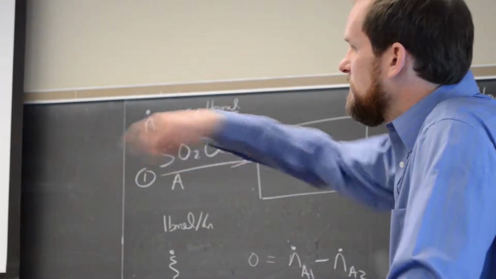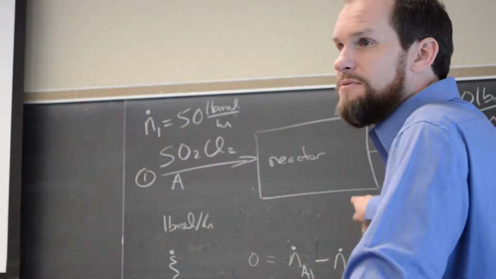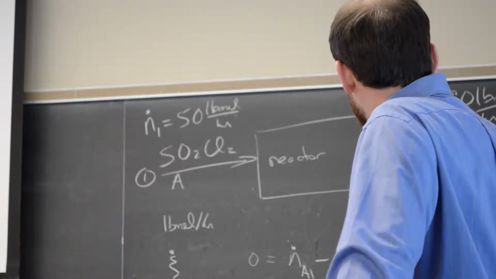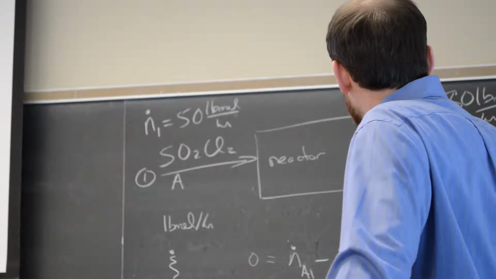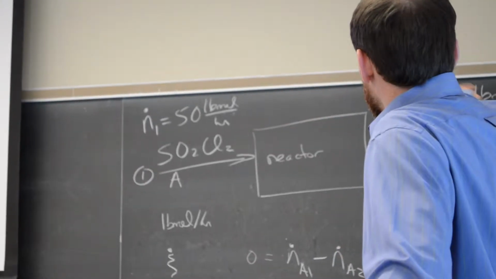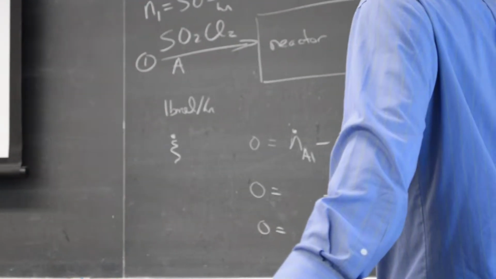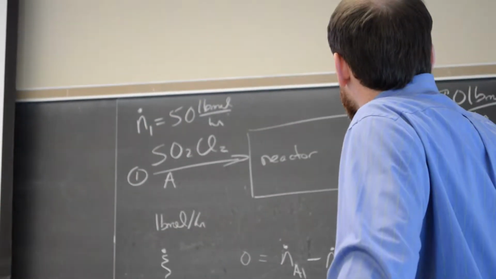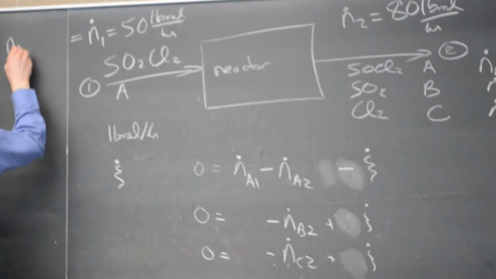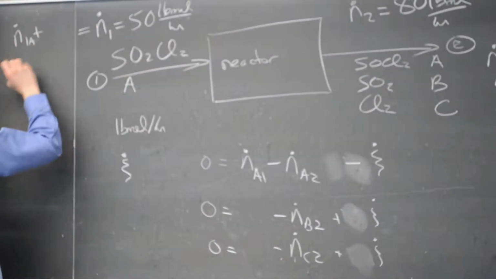That's great. So we can go ahead and we can solve these. We've got 1, 2, 3, 4, 5 unknowns and 3 equations. But I've got a couple flow rates, so I can put those in. I can probably solve those. So let's see. N dot 1 is N1A dot.